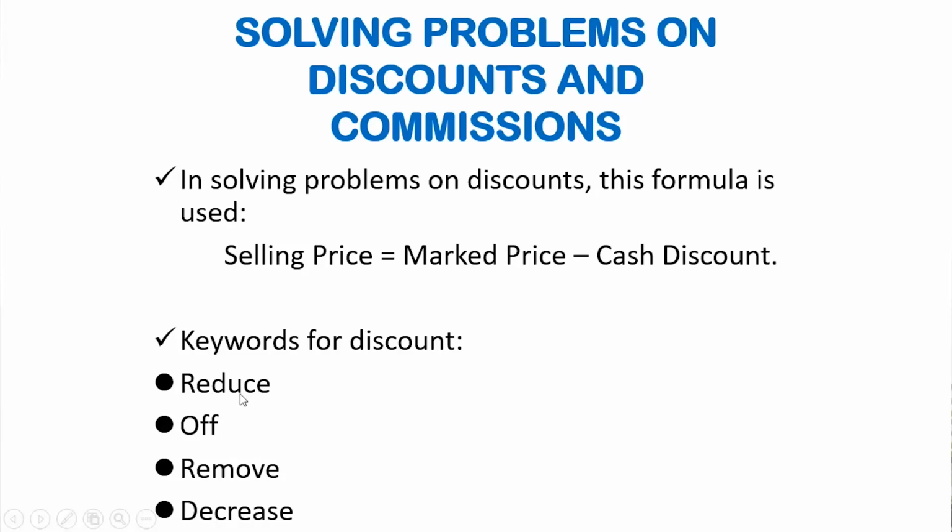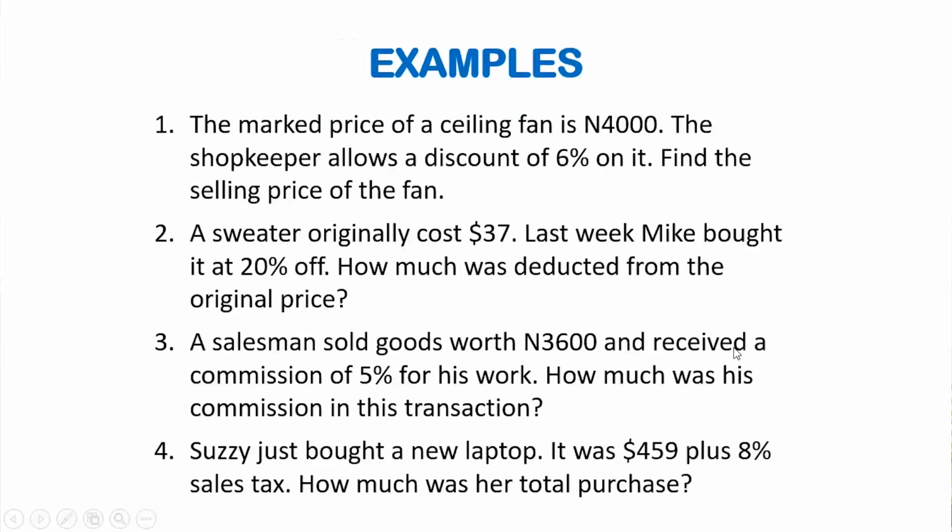So you should understand that they're talking about discount. So reduce, off, remove, decrease. All these words are key to what we are discussing today. So you must understand their usage. So let's look at what we have here.